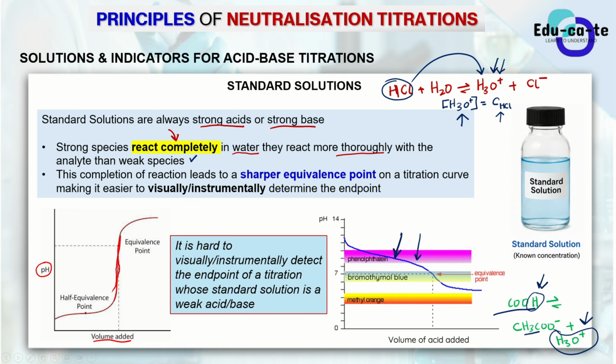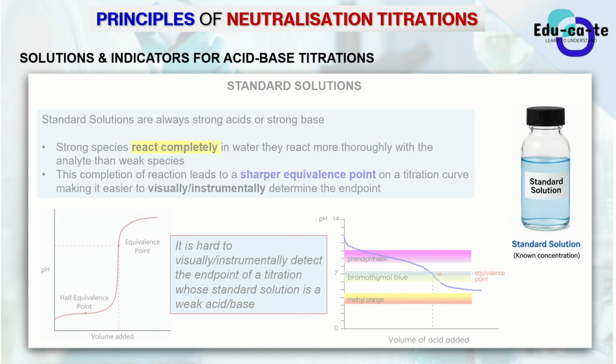It is hard to visually or instrumentally detect the endpoint of a titration whose standard solution is a weak acid or a weak base. Hence, it is preferable for us to only use standard solutions which are strong species, that is strong acids and strong bases, for these reasons.